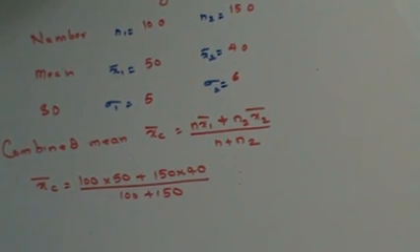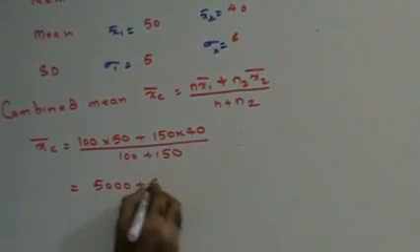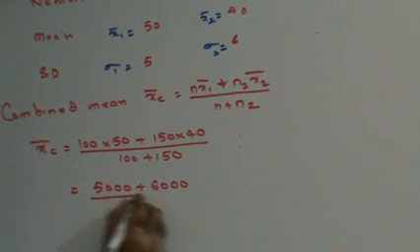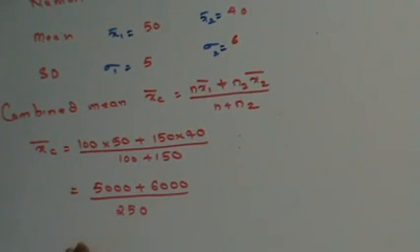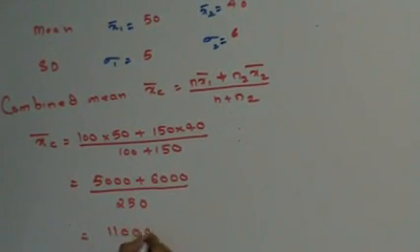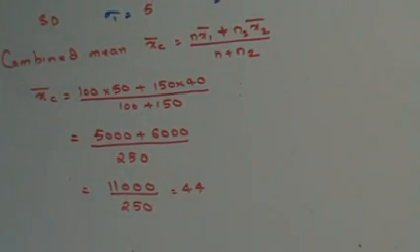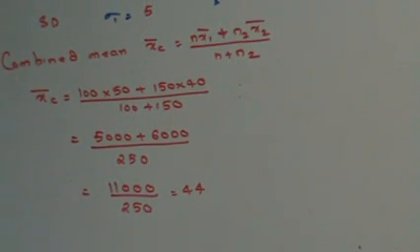When you solve this, you get 5000 plus 6000 divided by 250. This will come to 11,000 divided by 250, which comes to 44. So your combined mean is going to be 44.